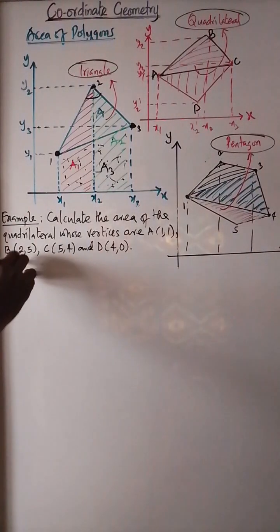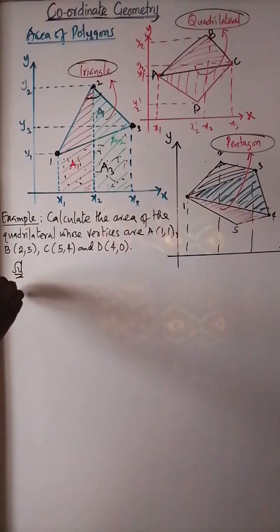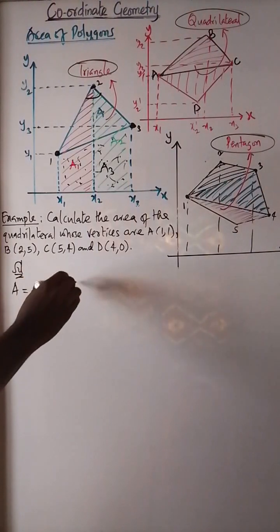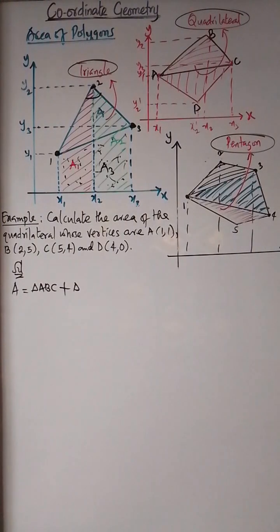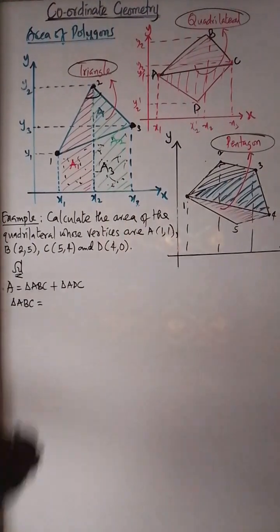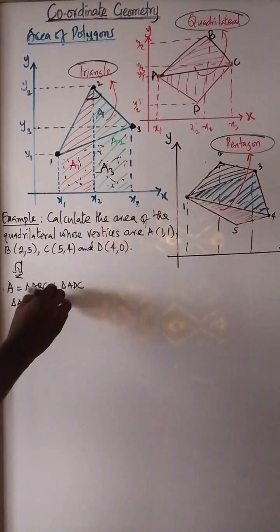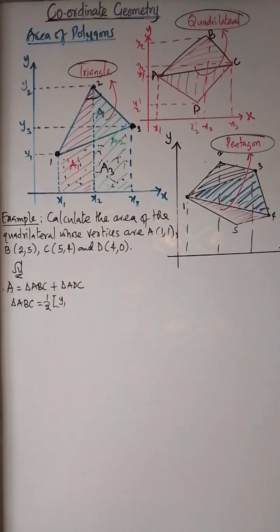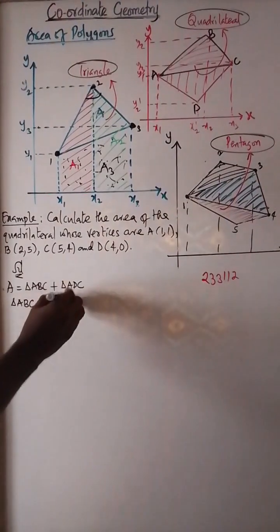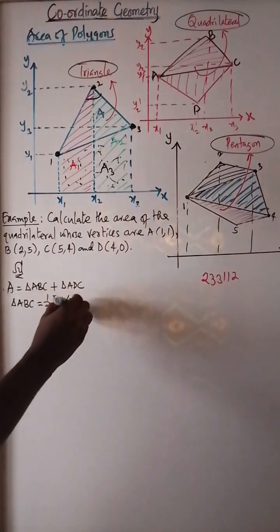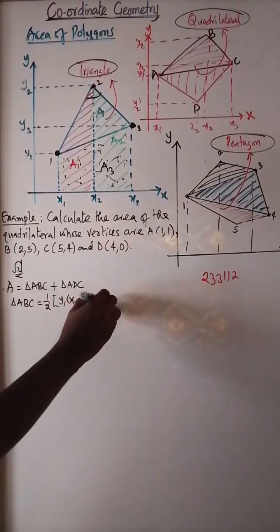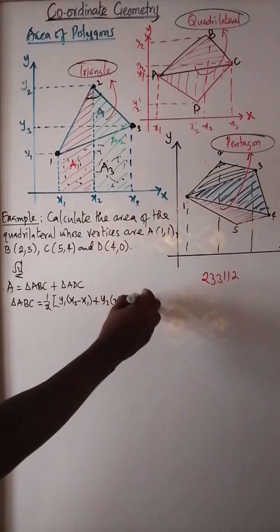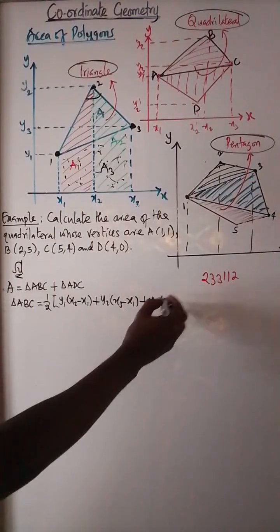So area of quadrilateral equals the area of triangle ABC plus area of triangle ACD or ADC. So for triangle ABC, we record the formula half into bracket y1 into x2 minus x3 plus y2 into x3 minus x1 plus y3 into x1 minus x2.